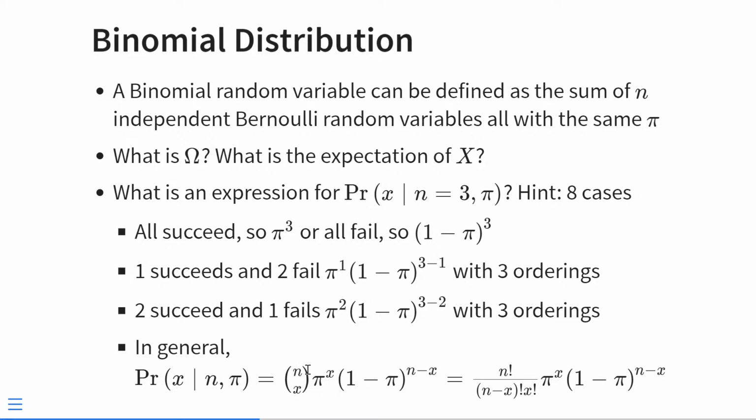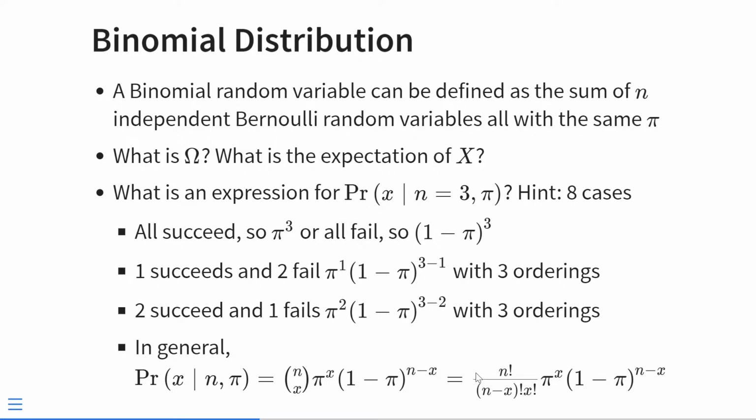And the choose function can be written slightly less concisely, but certainly more explicitly, as n factorial divided by n minus x factorial, divided by x factorial. Again, keeping in mind 0 factorial is defined to be 1. So this division is always going to be cool.